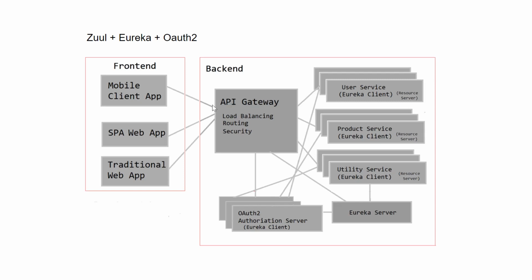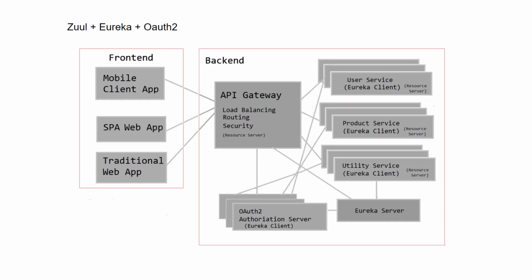The next step is to implement the security in this API gateway such that all the requests to the authorization server will be permitted by the API gateway, but any request to these backend services will be verified here in the API gateway before being routed to these backend services.